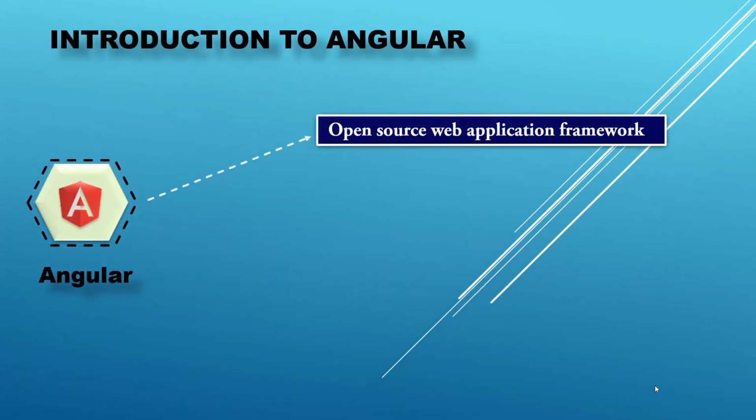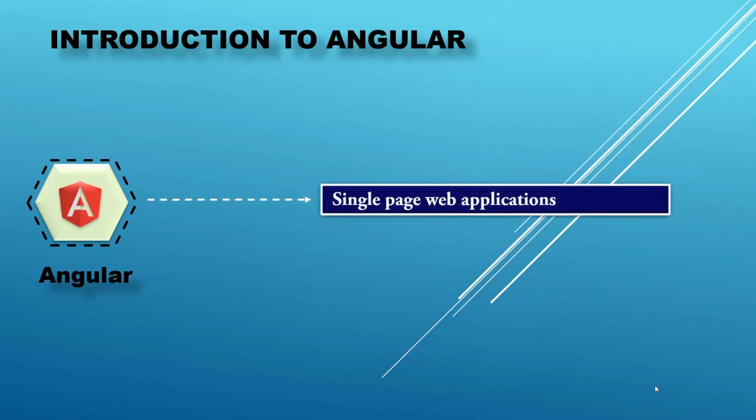Okay, so this is an open source web application framework, so anyone can use it. Second, it gives you single page web applications, meaning you only have one HTML file, and inside that you will have components.